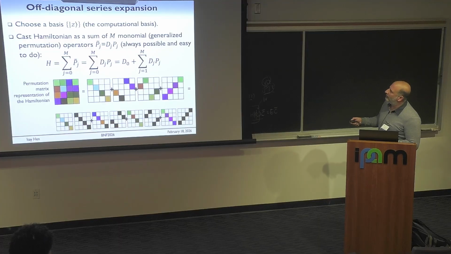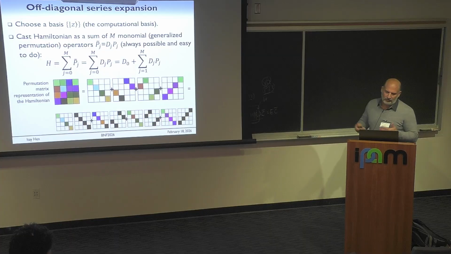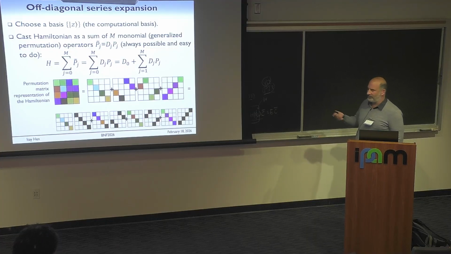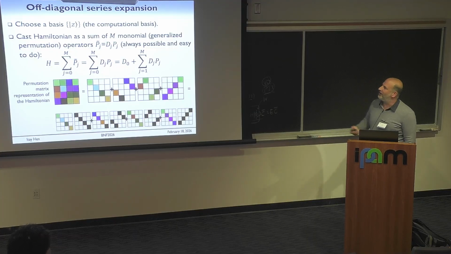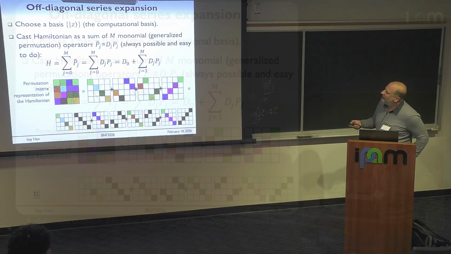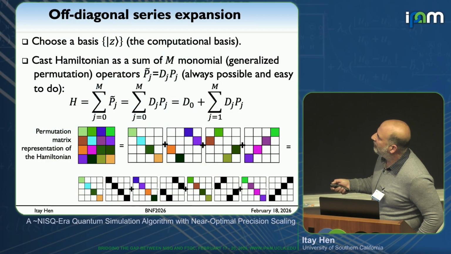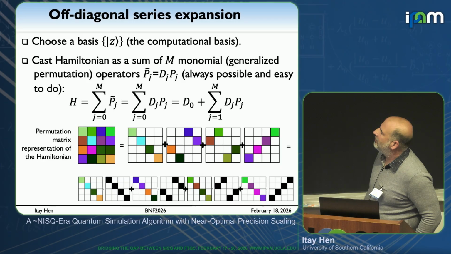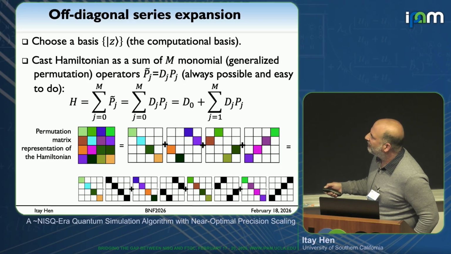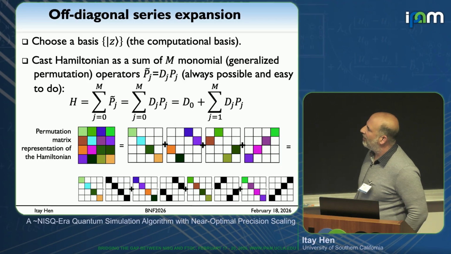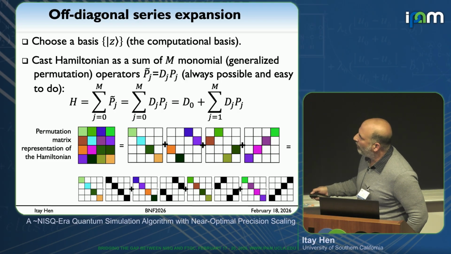Monomial operators are also called generalized permutation operators. Mathematicians may be familiar with these terms, but people from our neck of the woods, not so much. Essentially, writing the Hamiltonian as a sum of monomial operators means writing it as a sum of products of diagonals times permutations. So this is just a way to represent it.